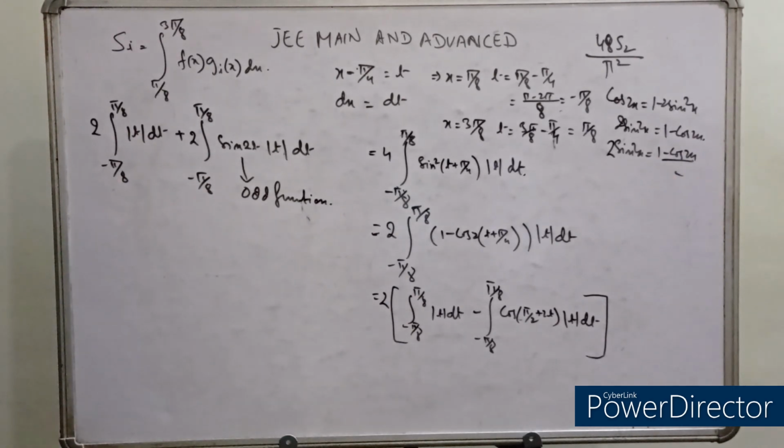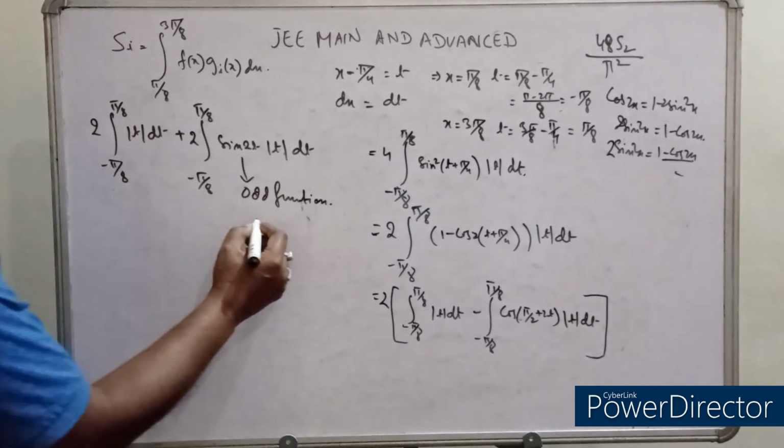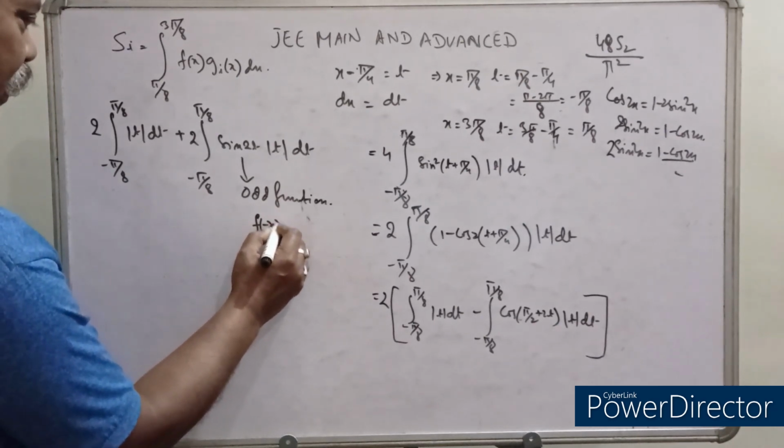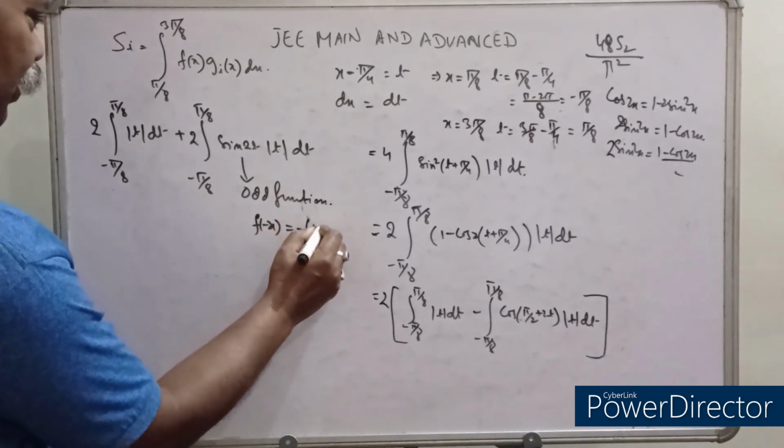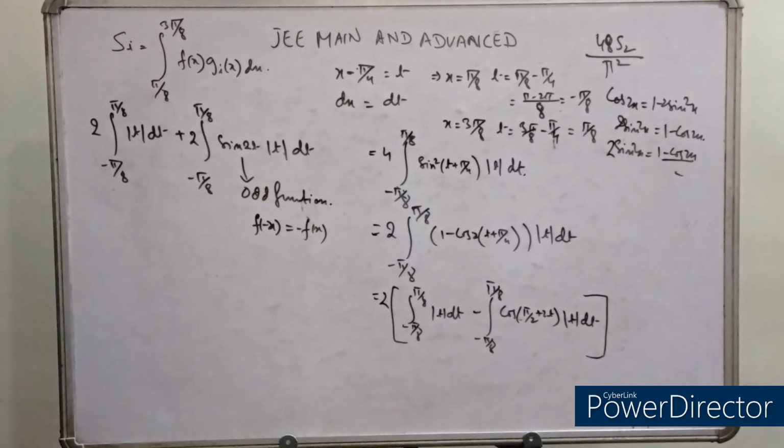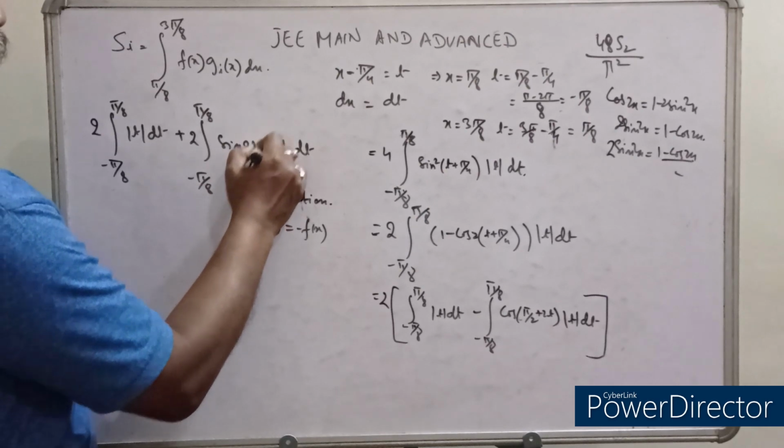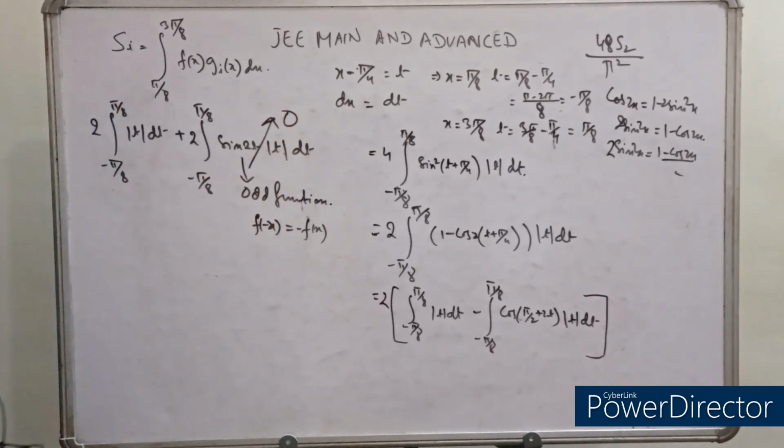That means f minus x comes out to be minus fx. So this is an odd function, and as per P7 property, for an odd function your result is 0.